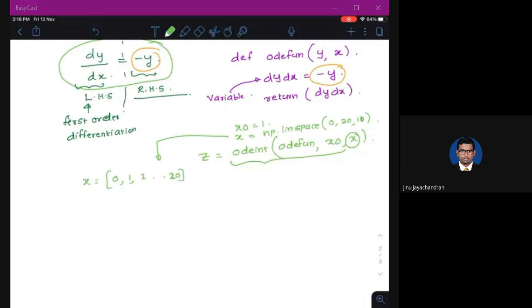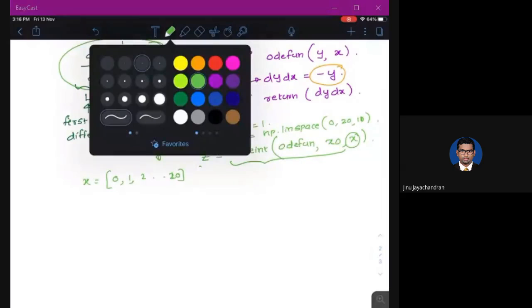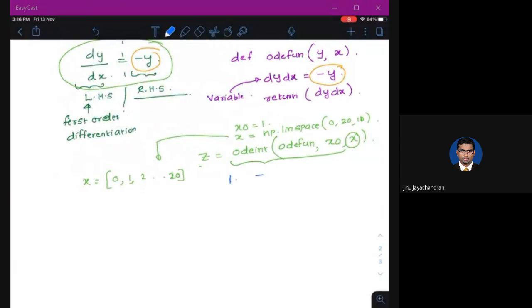So what the ODE int does is, there are steps which you obviously cannot see. First one, it will make z is equal to e raised to minus x square by 2 plus c. Second, it will substitute x0, which is the initial condition, and find c.